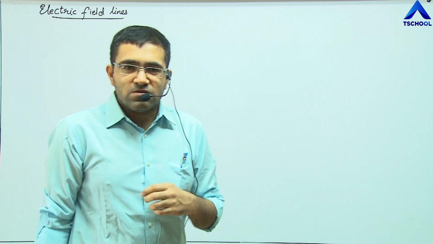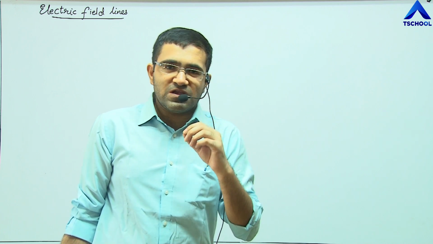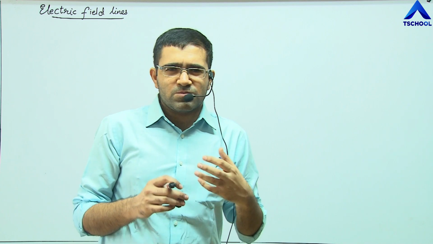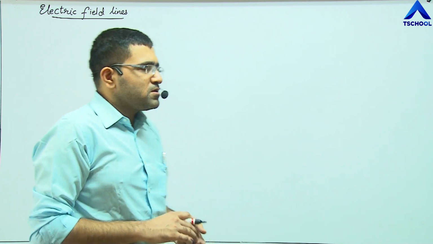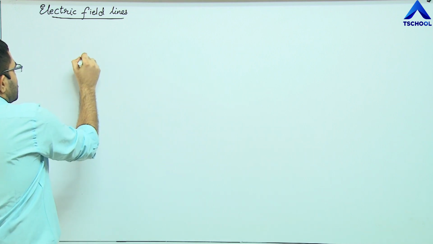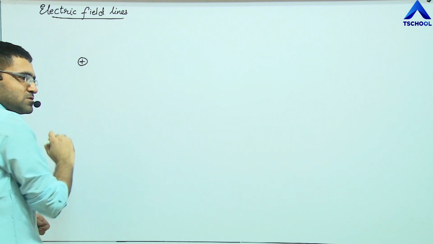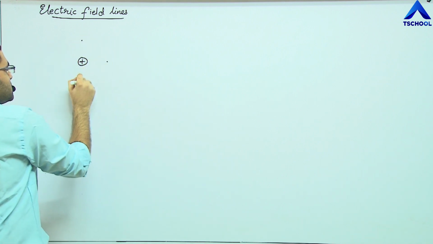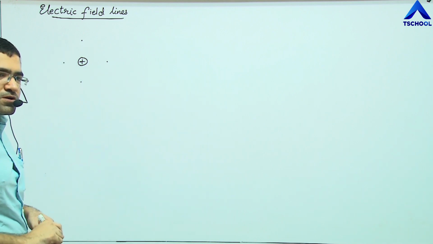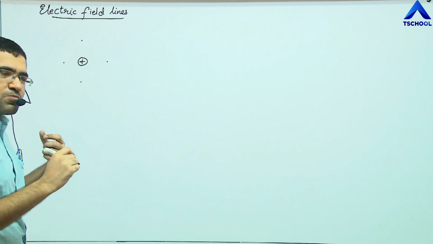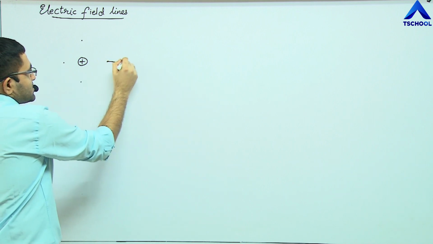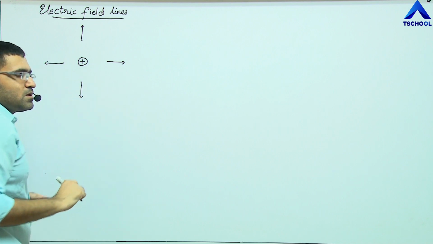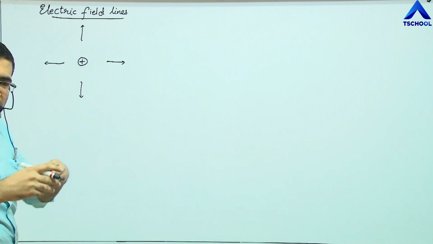So first of all, we're going to draw a vector field diagram. We have done it earlier. When I draw it, I'm sure you'll be able to recall it easily. So let's start. I'm going to draw a vector field diagram for a positive point charge. If you remember, I told you that the electric field due to a positive charge is in a radial direction away from the charge, going outwards.